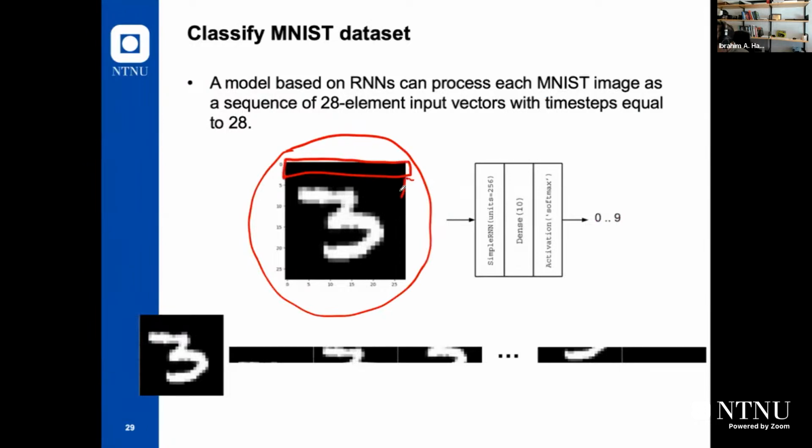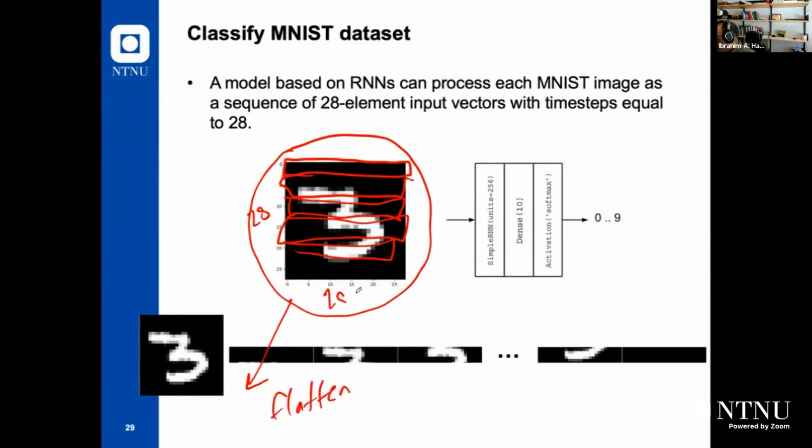So I need to divide it, split it into those sequences. So it could be 1 pixel times 28, because this image is 28 times 28. So I need to slice it into this format, right? So it will be 28 times 28, correct? So I need to flatten it. In fact, it's just to flatten it. You can use a flatten layer, for example, to do this. So I will convert this image from 28 times 28 into a 1D vector, correct?